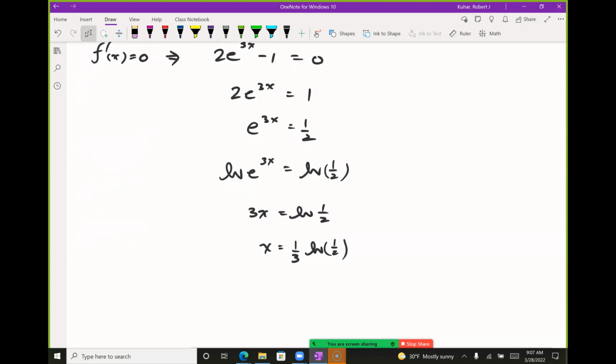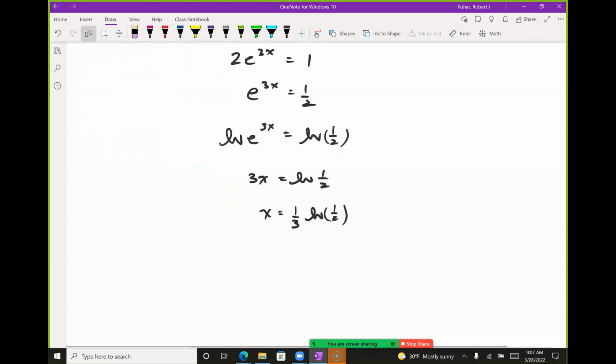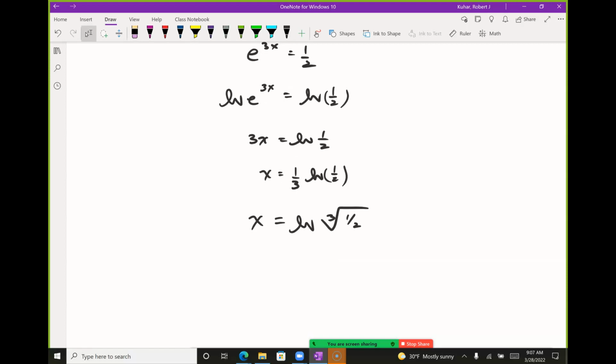So clearly you think that there's a local min here. You will have to eventually plug that into your original function, but that's not horrible. In fact, let me rewrite this as x equals ln of the cube root of 1/2, so I can at least just plug in one value.